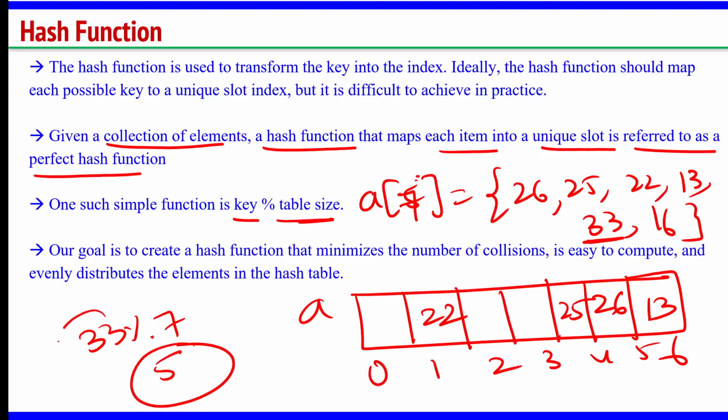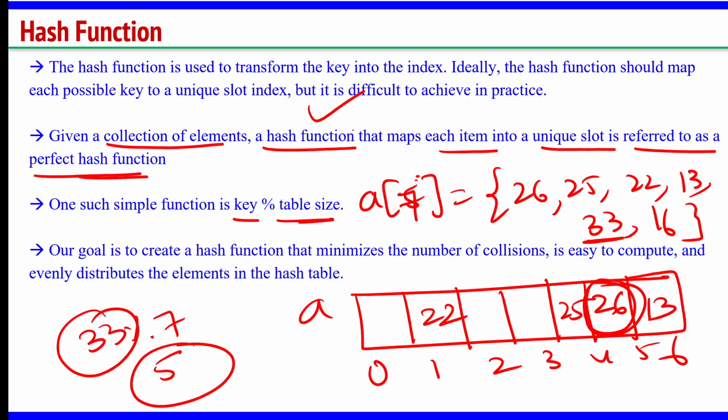You have to place 33 at location 5. Do we have empty space at 5? No, it is already occupied, so a collision is happening. Collision means there already exists an element, and you are trying to place another element in that location. So what is a perfect hash function?